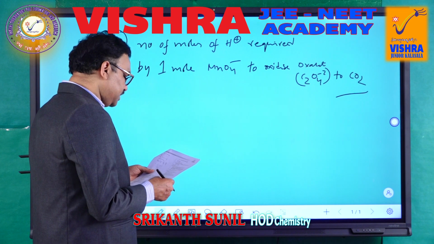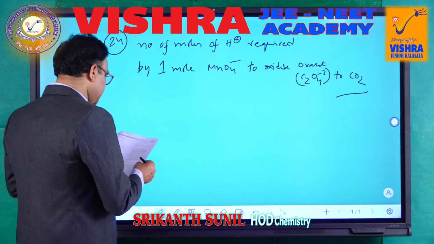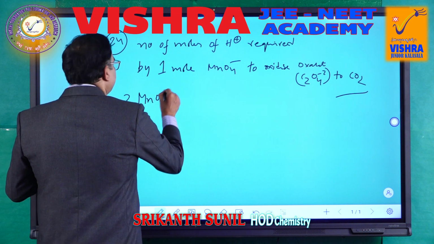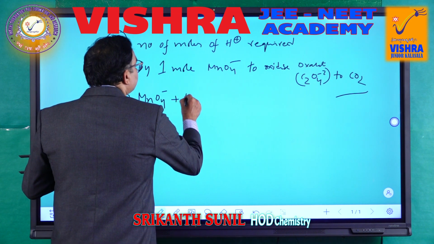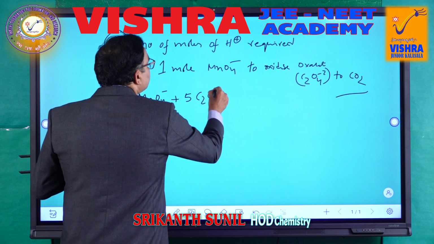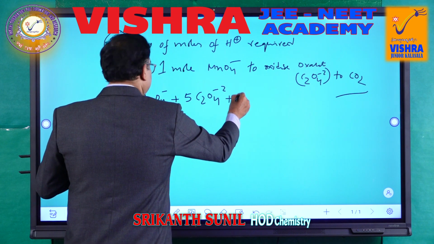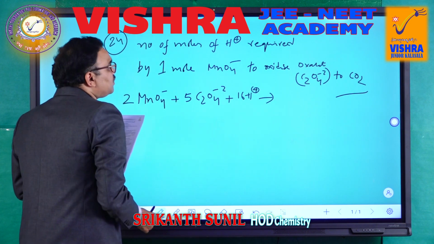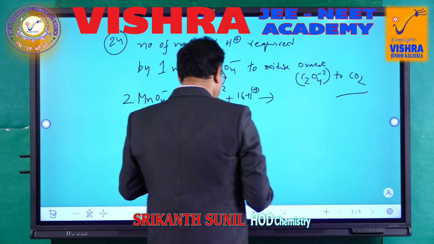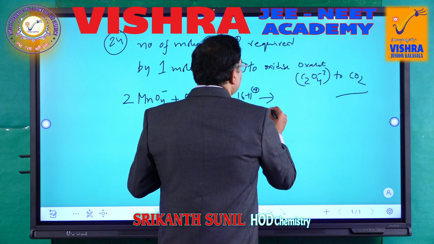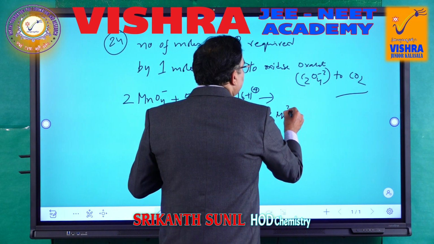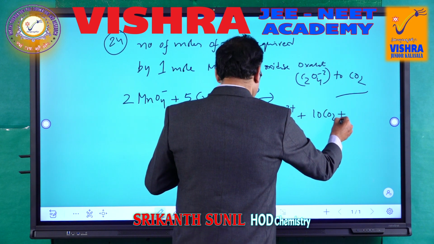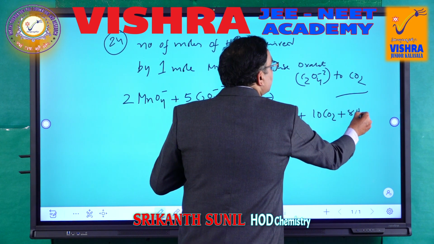So let us see the reaction, how this one can be written. 2 MnO4 minus, balanced equation I am writing, plus 5 C2O4 minus 2 plus 16 H plus is going to give 2 Mn plus 2 ions plus 10 CO2 plus 8 H2O.